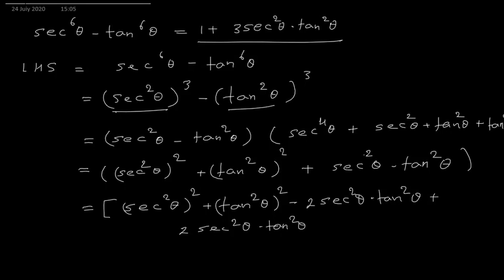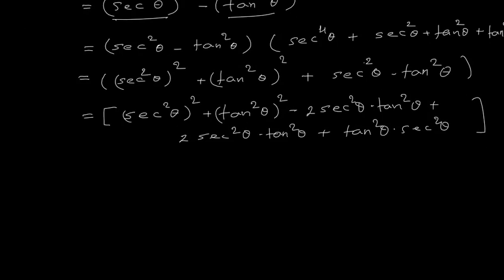Then we have plus tan square theta into sec square theta, or sec square theta into tan square theta, one and the same thing. Now these 3 terms, sec square theta the whole square plus tan square theta the whole square minus 2 sec square theta tan square theta, this whole thing I can write as sec square theta minus tan square theta the whole square.